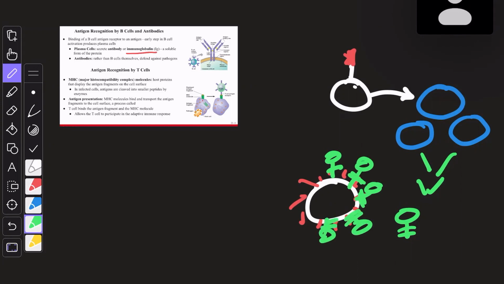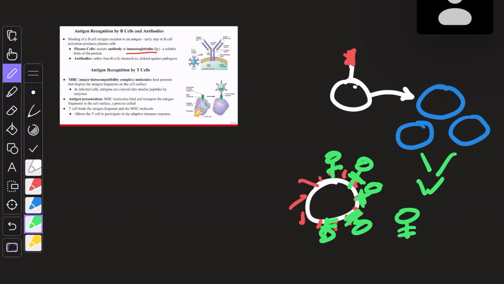Okay, and they're going to surround that bacteria. One of the things that's important for you to understand: antibodies are a bacterial defense. Antibodies are associated with antibiotics.